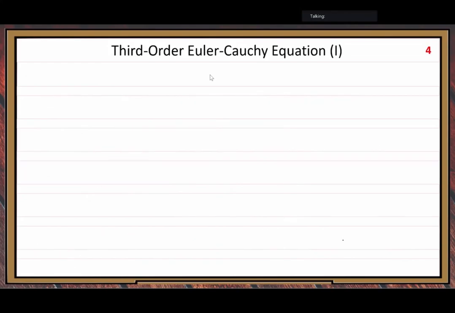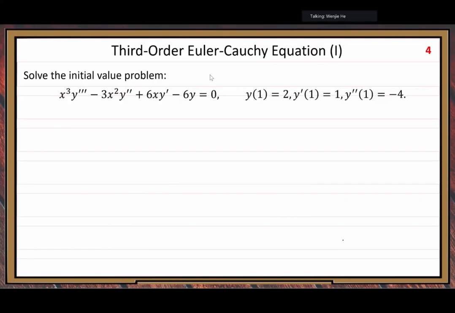All right. Here let's look at a few examples. Third order Euler-Cauchy equation, part 1. Let's solve an initial value problem. It's a straightforward generalization of second order. In second order, we saw the Euler-Cauchy equation, but here it is third order.